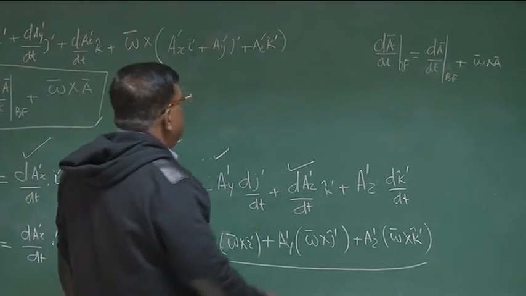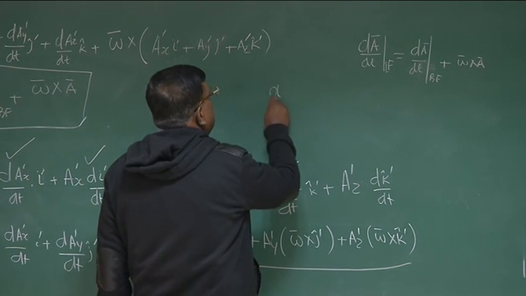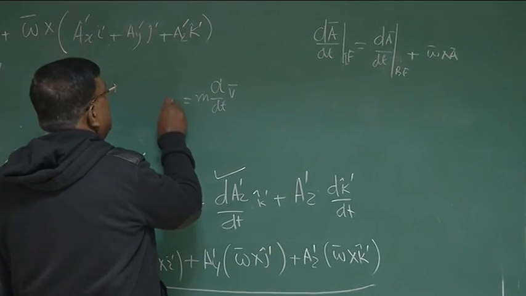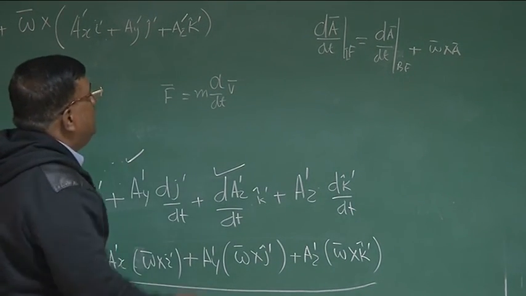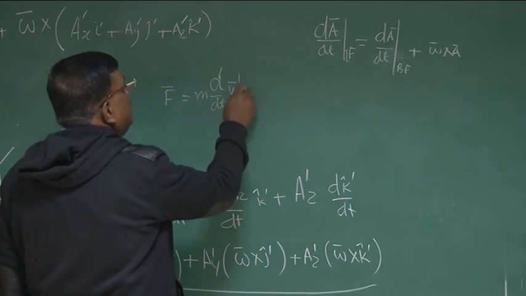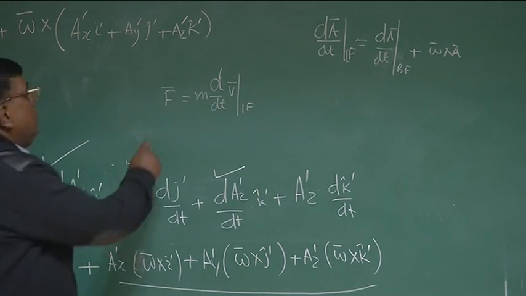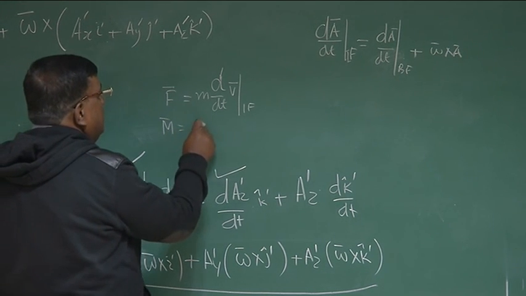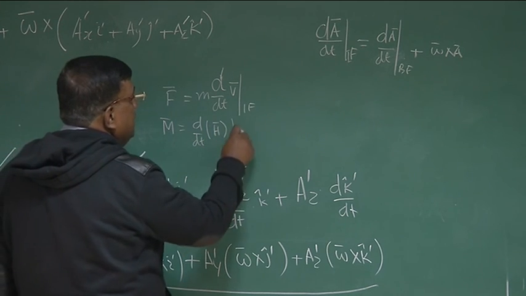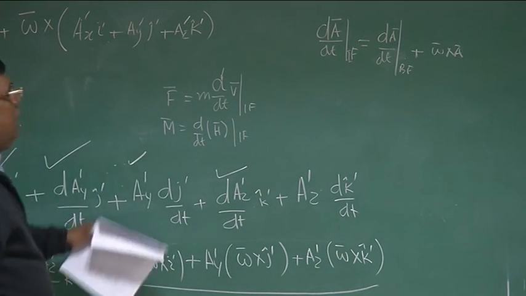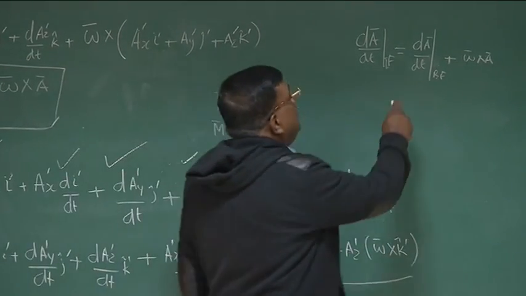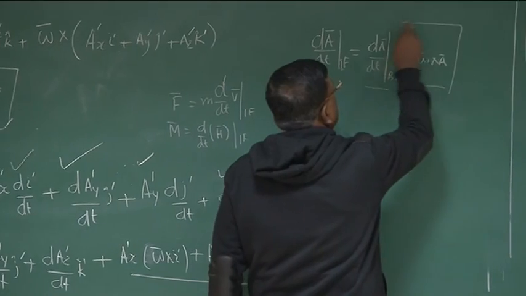One was d by dt of mv, m dv by dt, the external force. This should be in the inertial frame, because here we assume m dot is 0. Similarly, for the moment, it should be d by dt of h, the angular momentum, again in the inertial frame. But this says either you do it in the inertial frame or equivalently you work in the body frame and add this term.